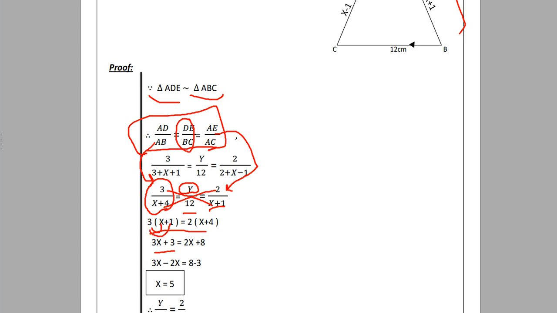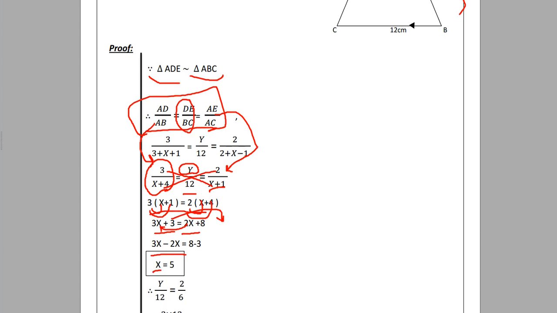Then we put the x's on one side and the numbers on the other side by changing the sign of each, so 3x minus 2x, which is x, equals 8 minus 3, which is 5.